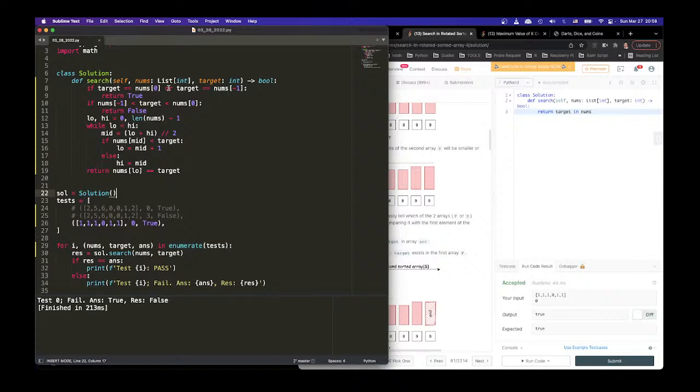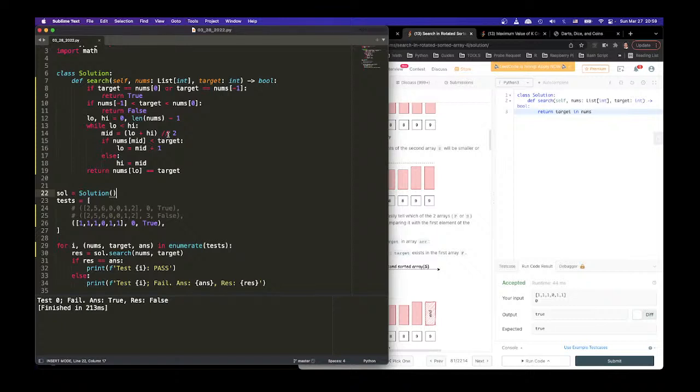Right, so if the target is smaller, and then we can use this to compare.